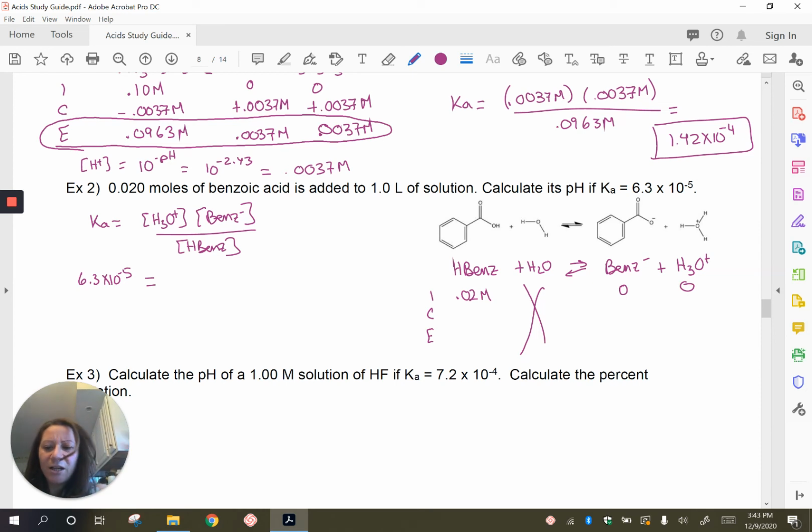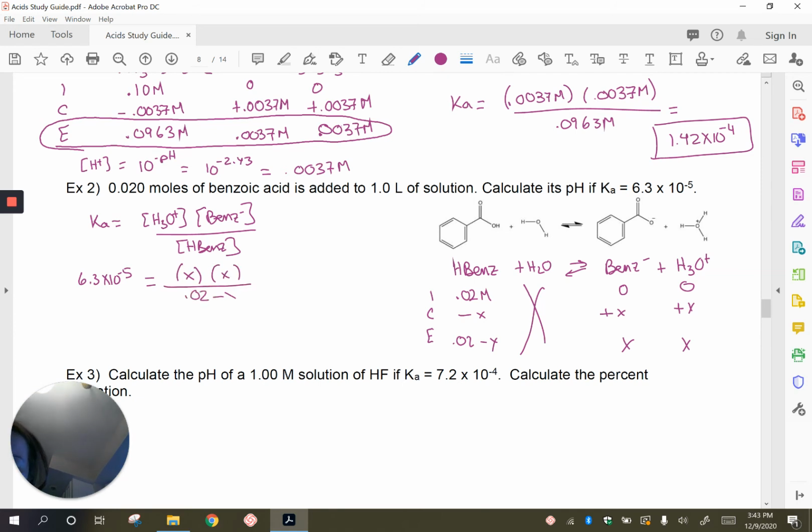I don't know anything about the change, so I'm just going to say, okay, this is minus x, plus x, plus x. And so 0.02 minus x, x, and x. So I'm going to plug that into my expression. This is x times x over 0.02 minus x. And that way I can solve for what x is, which is the H3O plus concentration, which is the same thing as H plus, right?